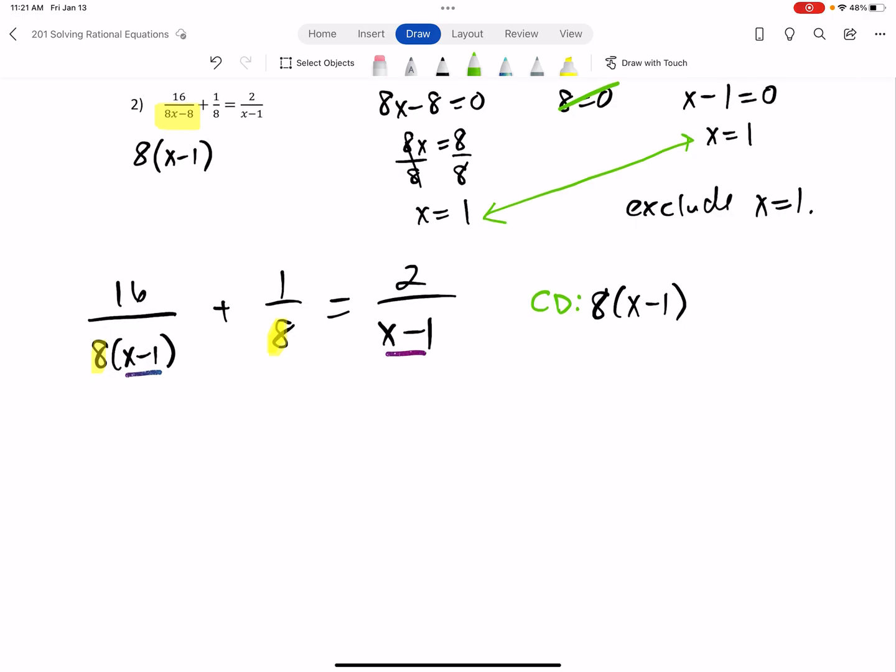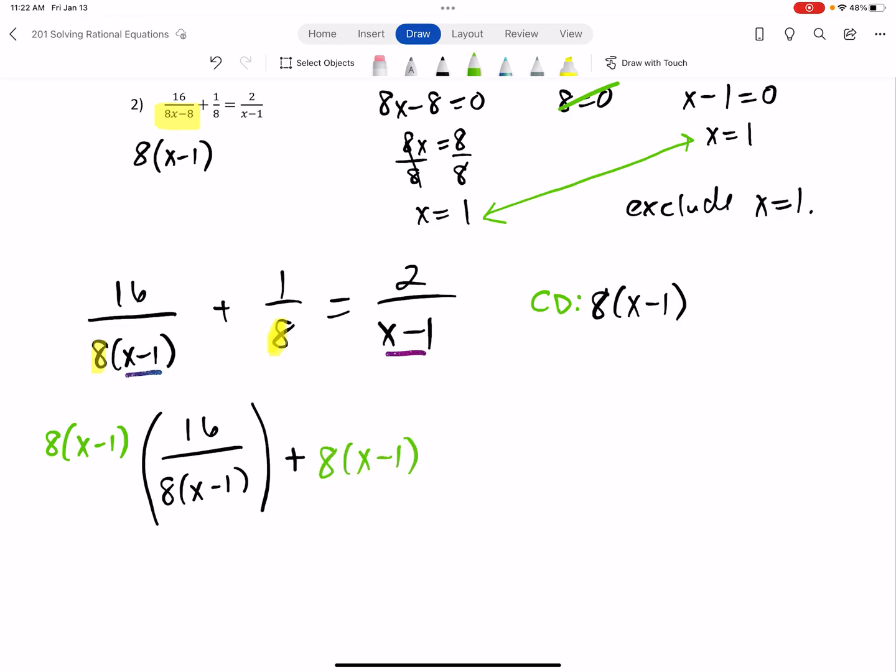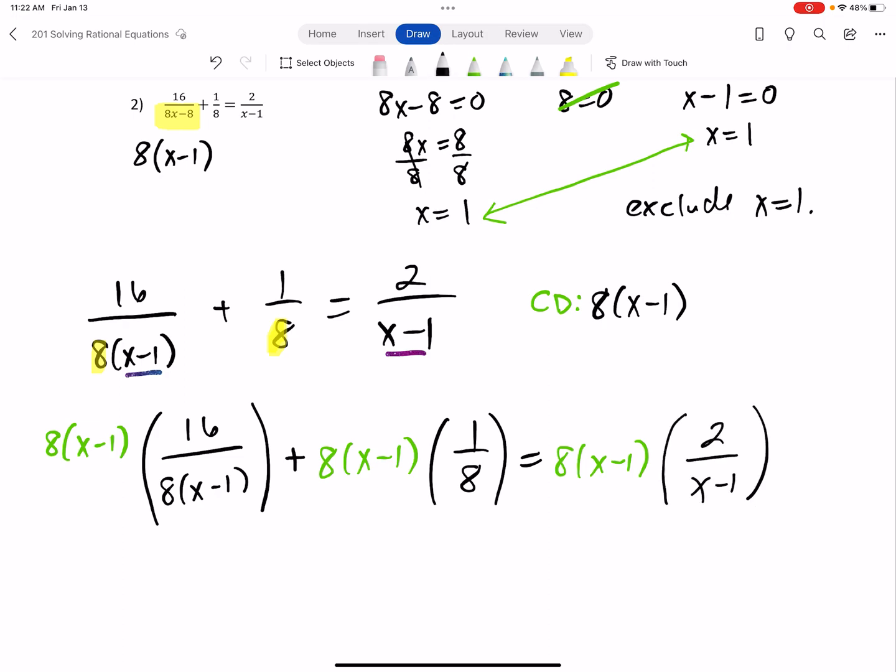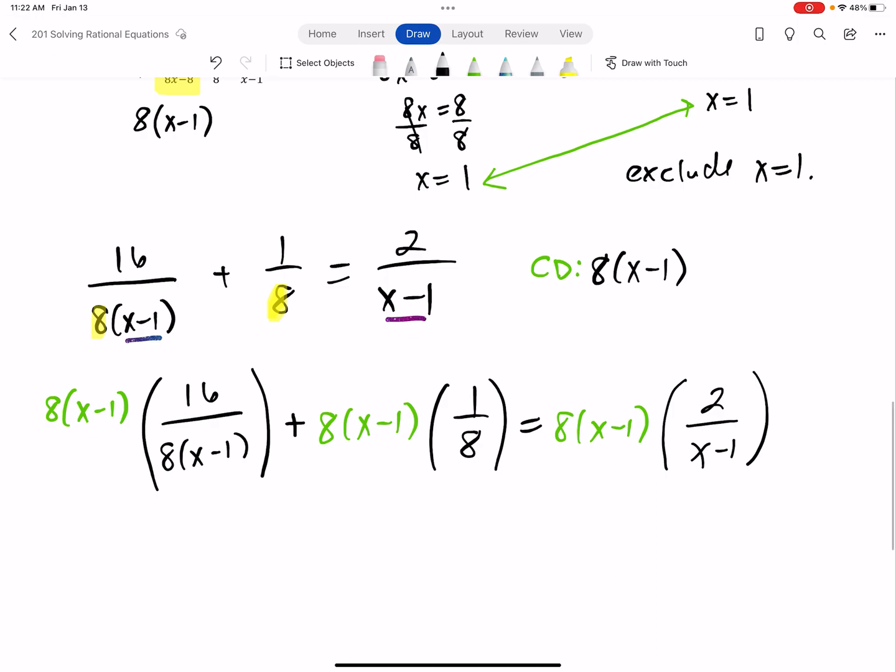So let's multiply every term of the equation by that common denominator. Again, our equation has 3 terms, and I'm multiplying every term by that 8 times x minus 1. Okay, now I'm going to do some simplifying.